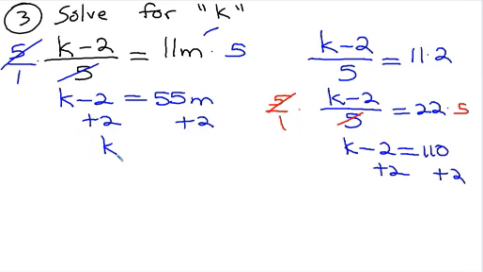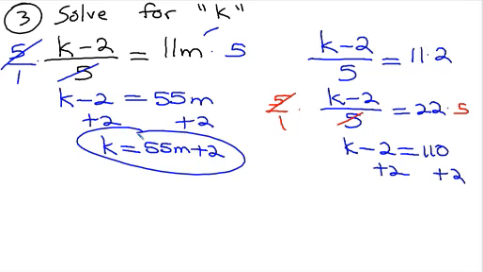So I have k equals 55m plus 2. That's your answer. Remember, this over here shows me how to do this. All right, use the examples that I've shown you. One more. Last problem.